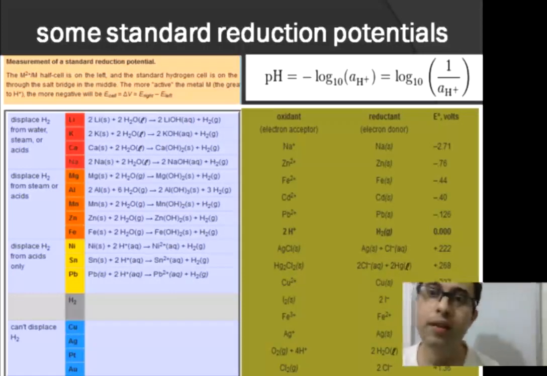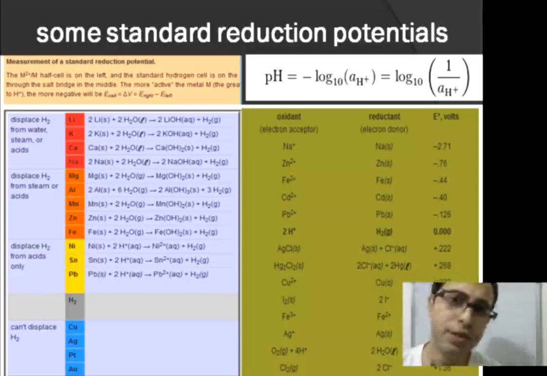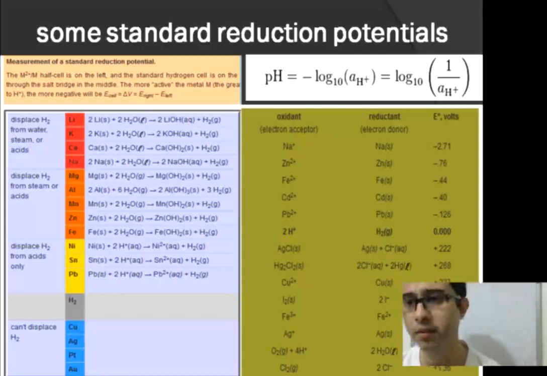These are very active materials, in the sense they react very quickly with oxygen and H2O, and they displace H2 from water, steam, acids, everything. So these are primarily very strong reducing agents. Reducing agents means that they themselves get oxidized in the process of reaction, and they reduce the other element, in this case hydrogen.